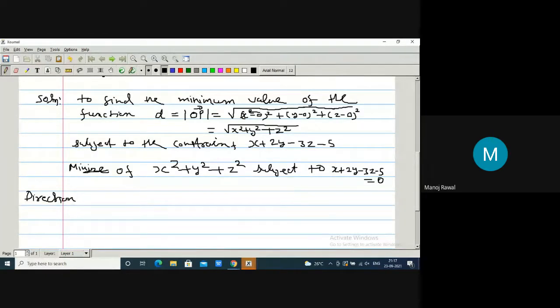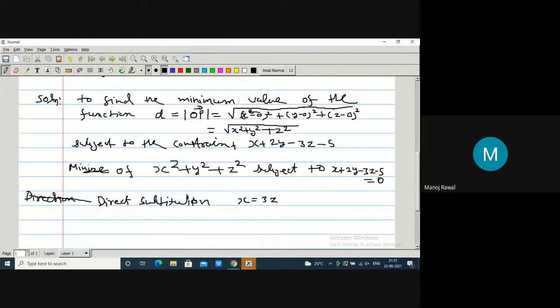Direct substitution. If I can write this in two variables, then I can easily apply the second partial test. So you write this in terms of x.